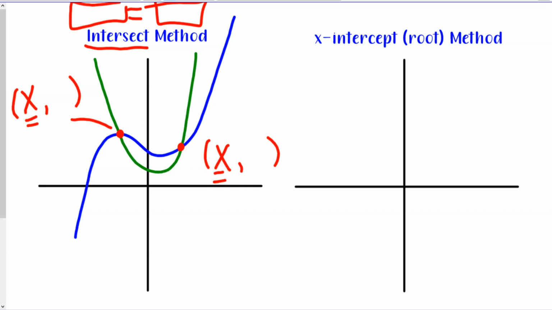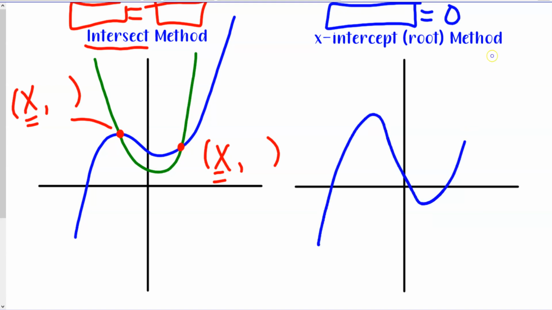Now, the other method would be called the x-intercept or the root method. That's where you graph one function, and where it crosses the x-axis, those are the solutions or the roots.